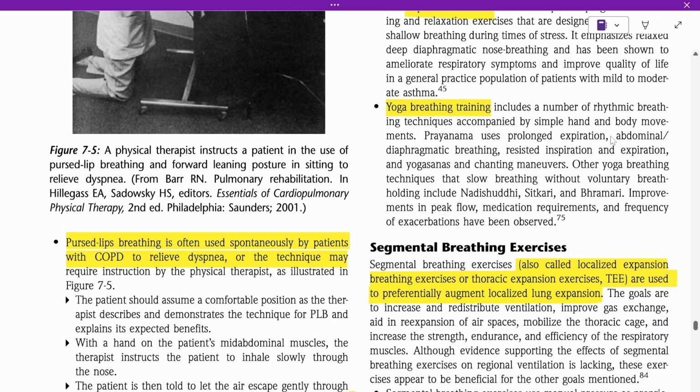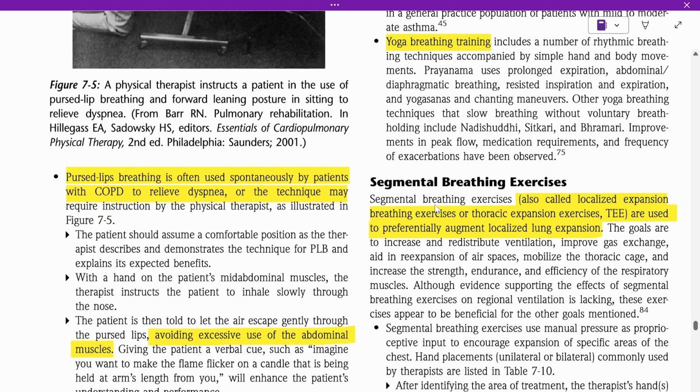Pranayama uses prolonged expiration, abdominal diaphragmatic breathing, resistant inspiration and expiration, and yogasanas and chanting maneuvers. Other yoga breathing techniques that slow breathing without voluntary breath hold include Nadi Shuddhi, Sheetkari, and Bhramari. Improvement in peak flow, medication requirements, and frequency of exacerbations have been observed.